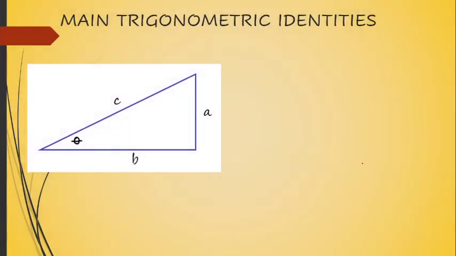Another main trigonometric identity comes from the Pythagorean theorem. We have a squared plus b squared is equal to c squared.